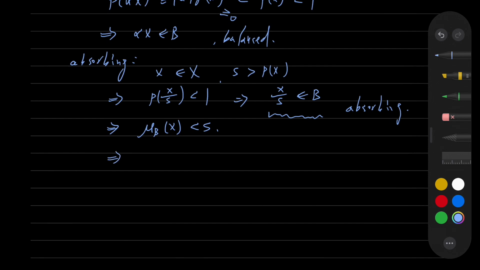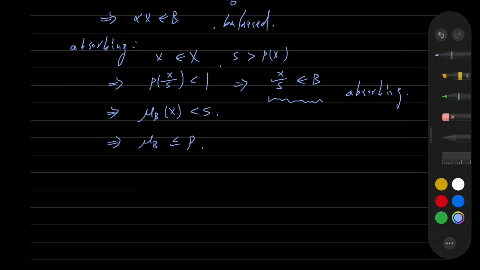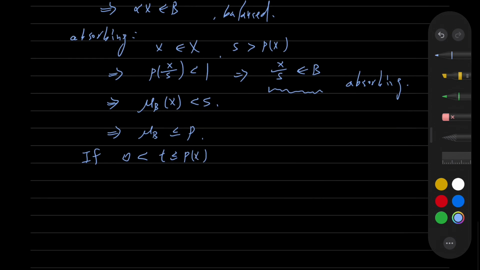And this proves that mu B is smaller or equal to P. For the other part, we just consider a scalar t that is smaller or equal to the seminorm. And again, we put t to the other side.